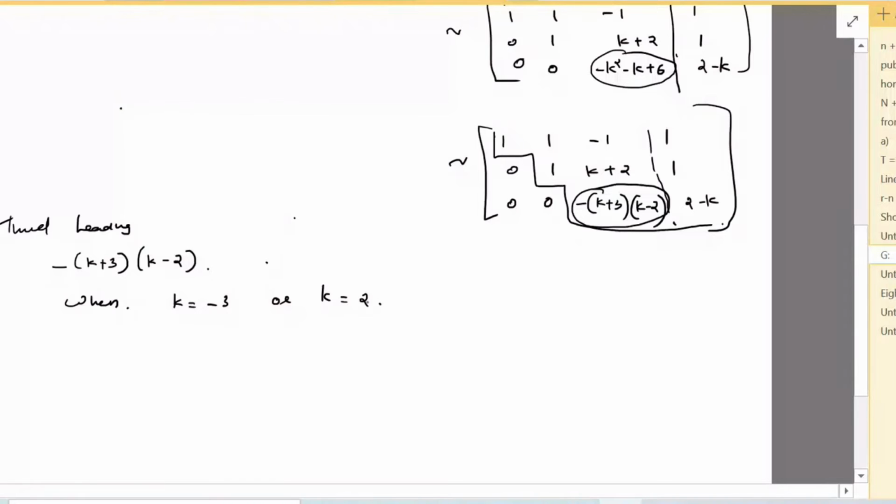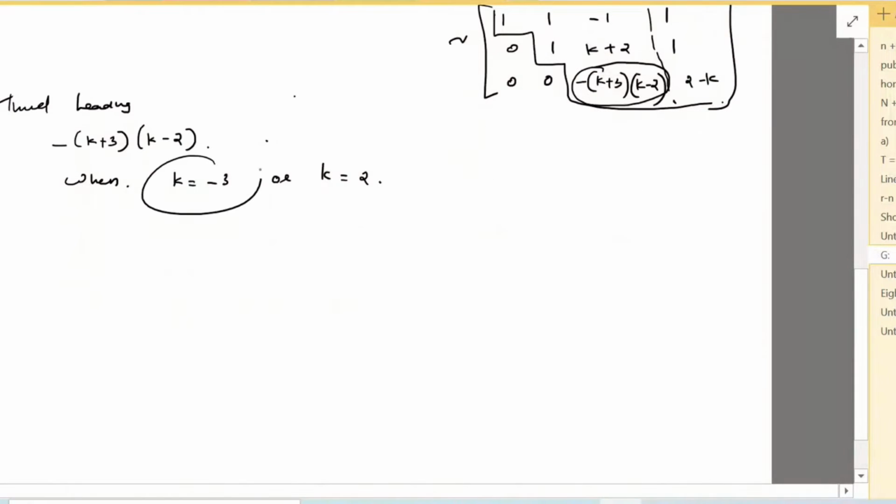When k equals minus 3, that will become 0. Also when k equals 2, that term will become 0. So when k equals minus 3 or k equals 2, the third leading coefficient will become 0.